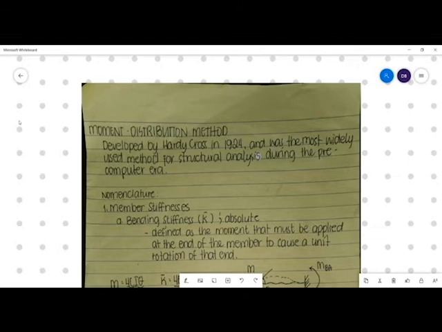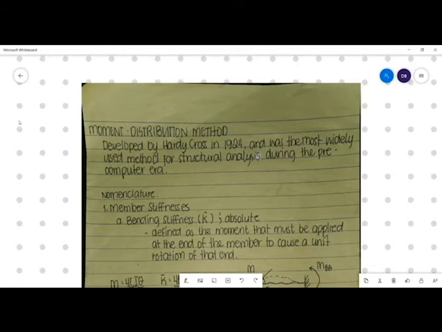Again, in the slope deflection method, we are directly solving for the rotations, member by member, in order to determine the end moments that we need.